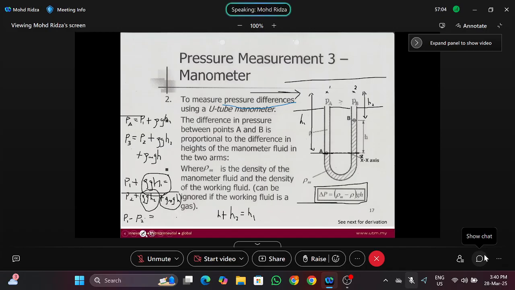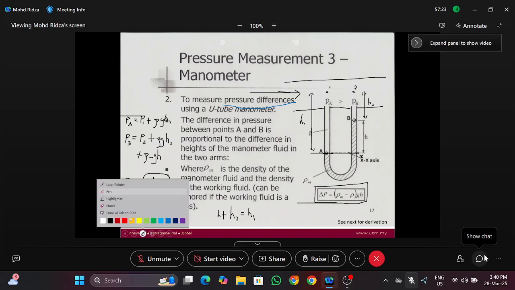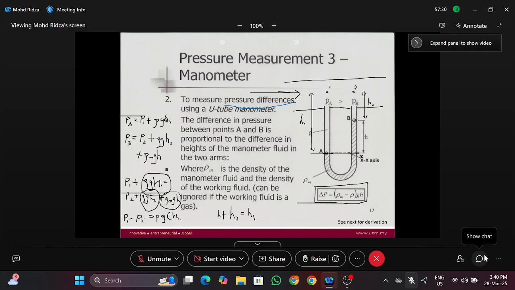Okay, let's try to figure this out. I can straight away write rho G bracket H2 minus H1, because we bring the H1 to the right, plus rho M G H. So we have this one.